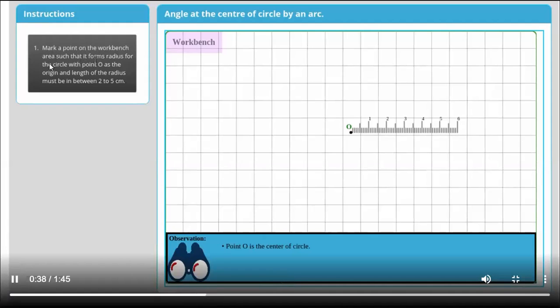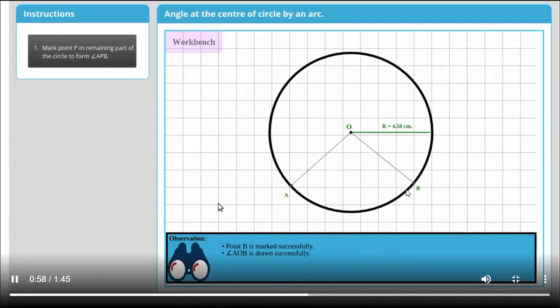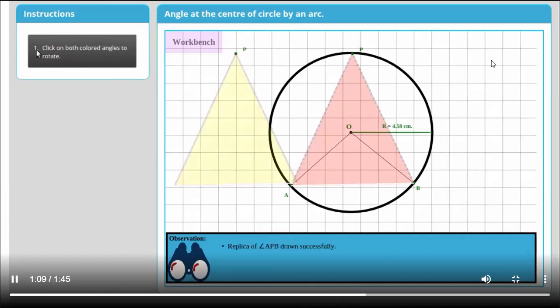Make a point on the workbench area, that is the center. Take any point, it will make a radius. Take a radius between 2 and 5, and one circle will be formed with a radius of 4.58 centimeters. Make the 2 points anywhere, you can click A and B. When you take any point here, it will make angle APB.